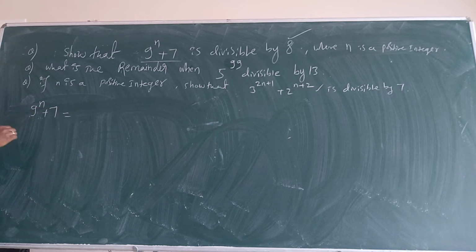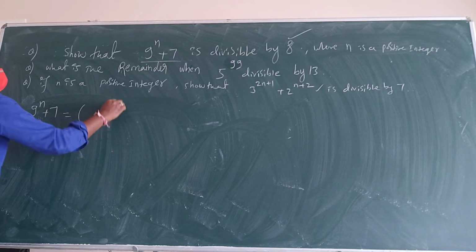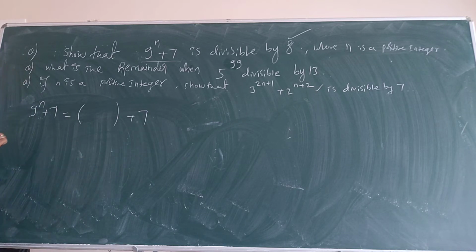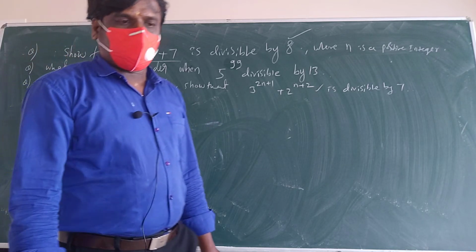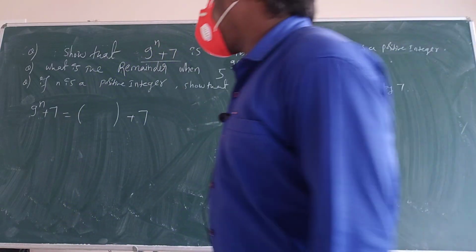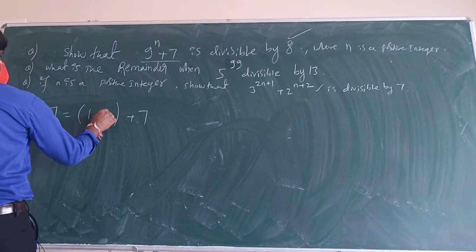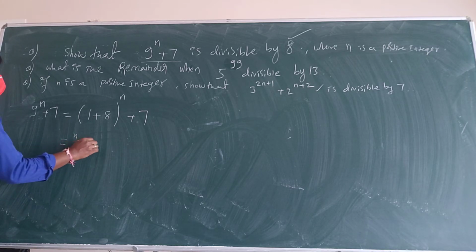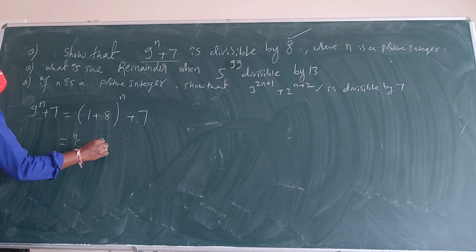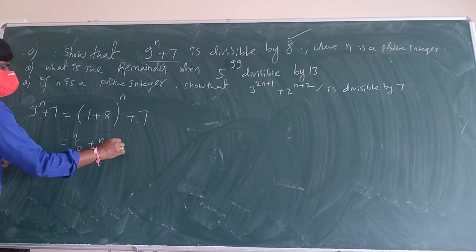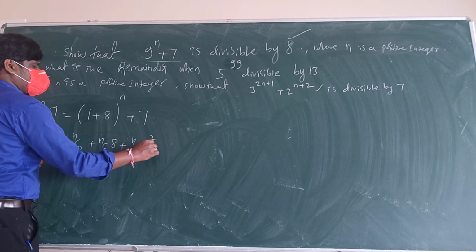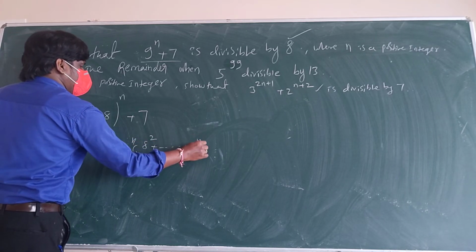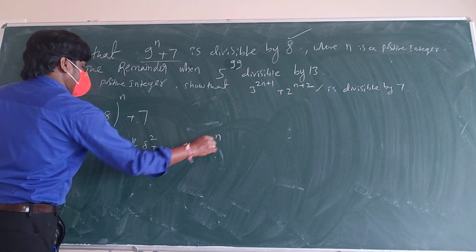Can I write 9 as, see, you have to think in that way, 8 should come. So 8 plus 1, 1 plus 8. So 1 plus 8 to the power of n. I can expand this: nC0, 1 power anything is 1, plus nC1 8, plus nC2 8 square, plus so on, plus nCn 8 power n.